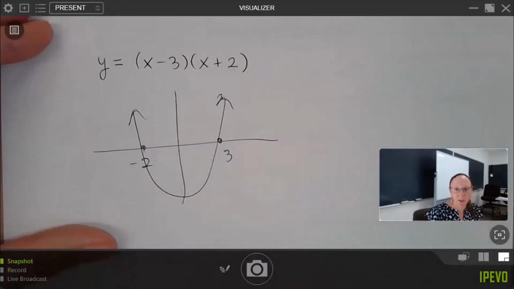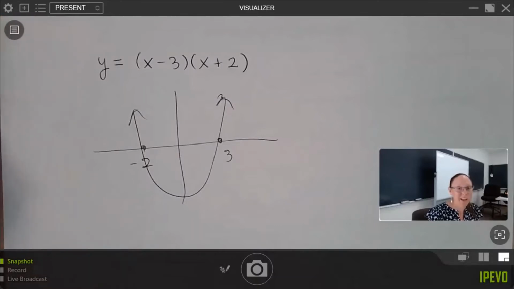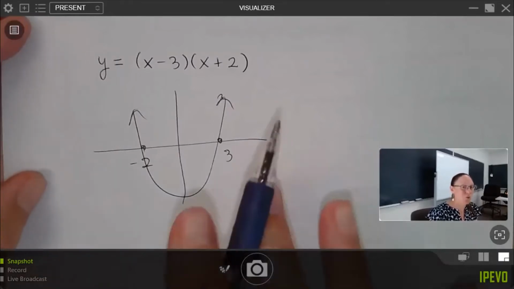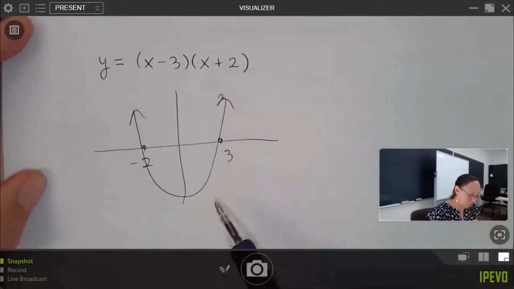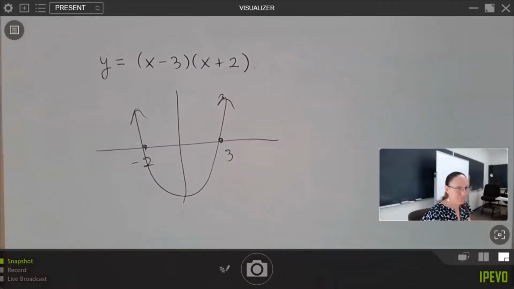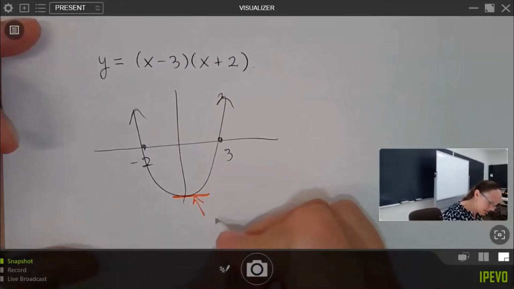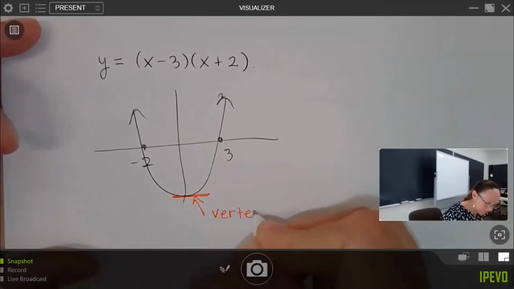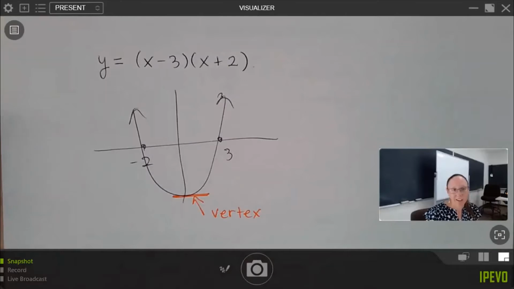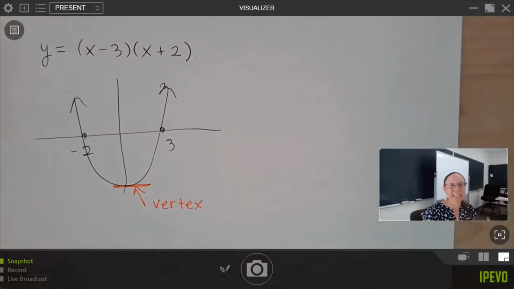Now, the other thing that's going to be expected of you in calculus is to look at this equation or this graph and say, what's the lowest point down here on the graph? That lowest point, we call the vertex, and you have to know at least one method for finding the vertex.